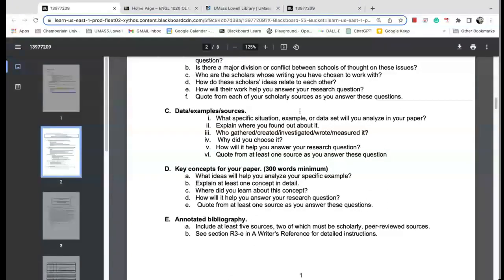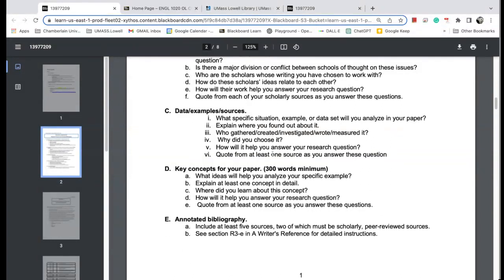But the whole key is I need a real, actual example for my subject matter, and then I'm going to explain what I'm going to do, and also use a quote from it. But why am I choosing this one? Where did it come from? So if I can find a study about that, I'm in good shape. You need a study or an example of one situation, and a study's probably best because that's data.